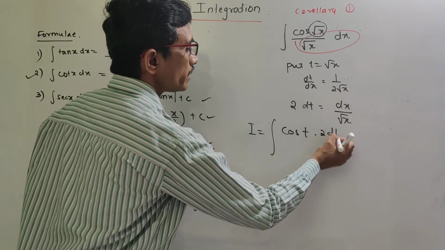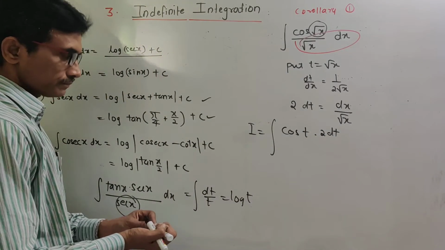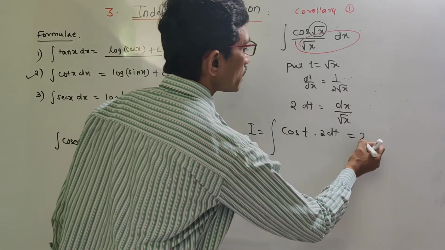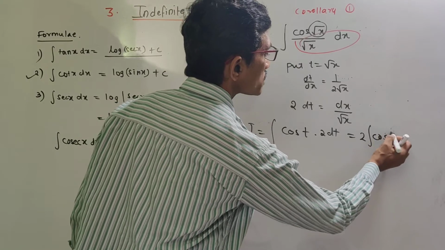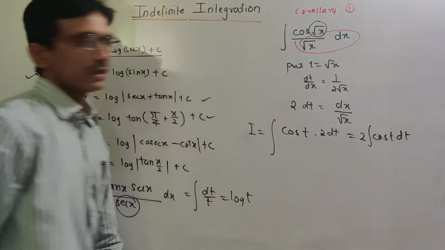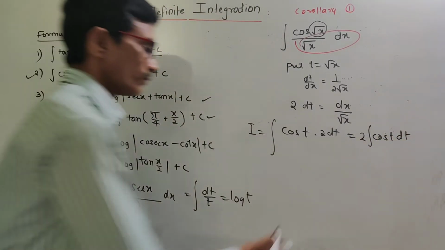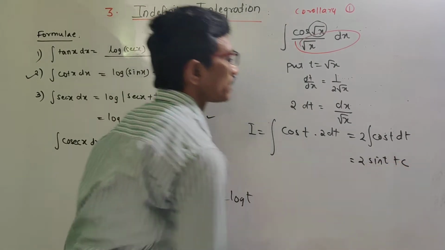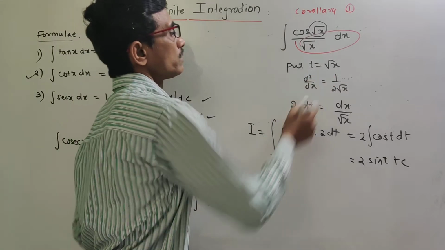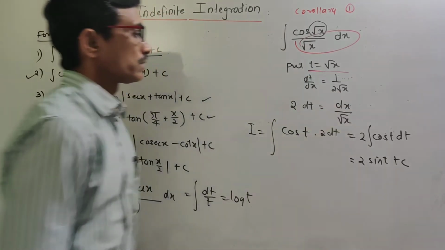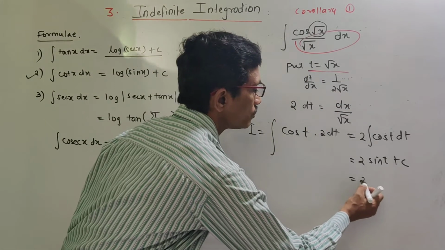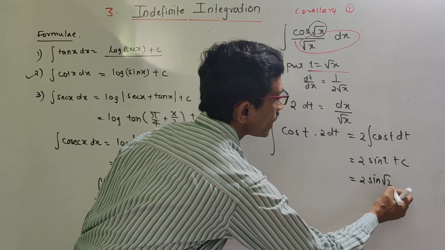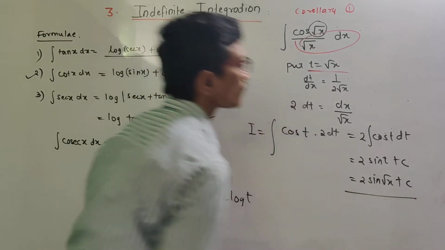It is 2 times integral of cos t dt, with the constant 2 outside. Integral of cos is sine, so it is 2 times sin t plus c, and now t is equal to root x. Therefore, it is 2 times sin of root x plus c.